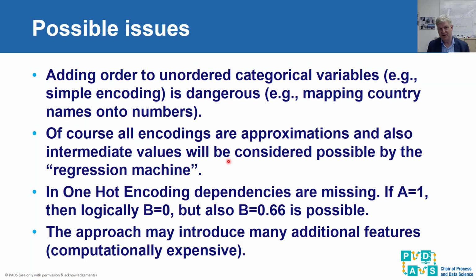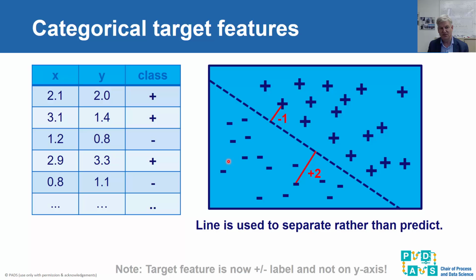Also, if we have a categorical feature with many possible values, this may lead to an explosion, because if we use one hot encoding, we need to have a new variable for every possible value. So there are many issues, and that's why there are also more refined techniques to tackling this problem.